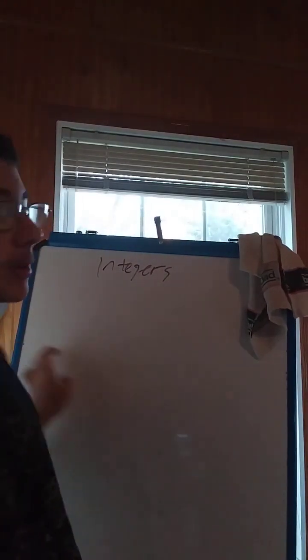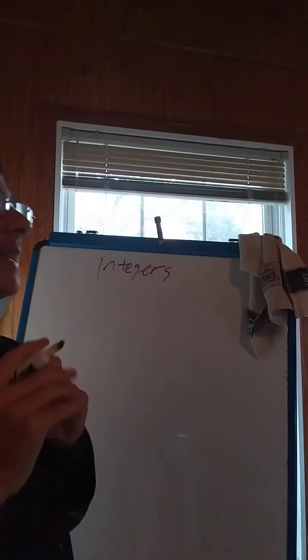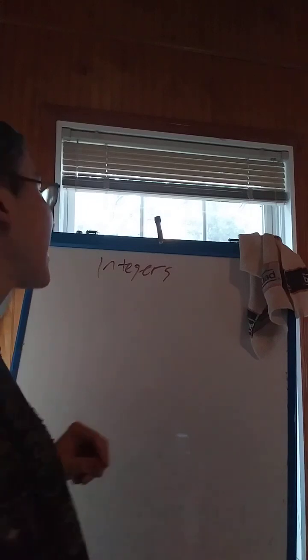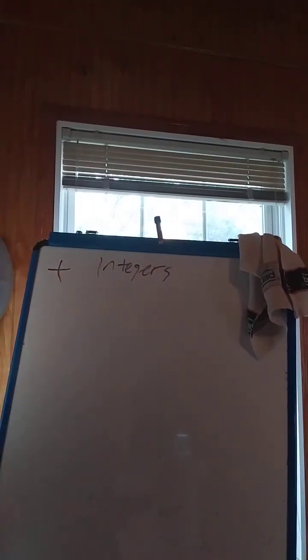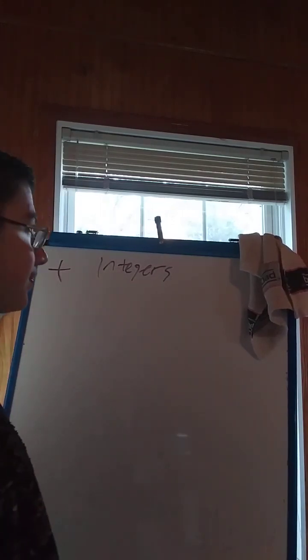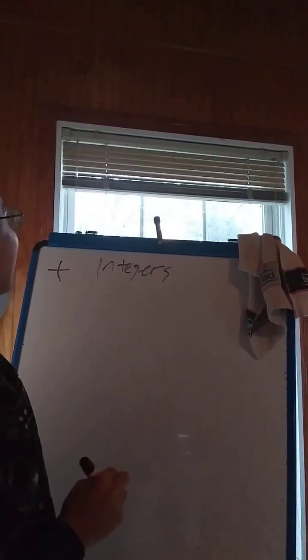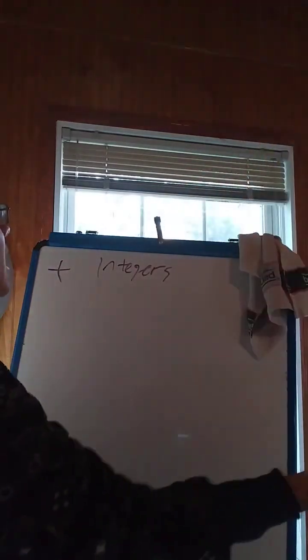So an integer is any number that is positive or negative. And really, all numbers are either positive or negative. So these are the signs. A positive sign looks like a lowercase t, or, if you're thinking mathematically, a plus sign. And it is positive. Think of plus, getting bigger, getting better, going higher.